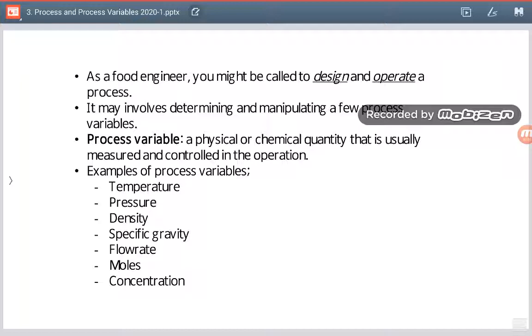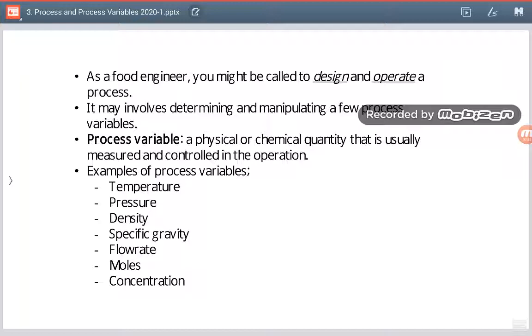What is the meaning of process variables? A physical or chemical quantity that is usually measured and controlled in the operation. So these are examples of process variables such as temperature, pressure, density, specific gravity, flow rate, moles, and concentration.